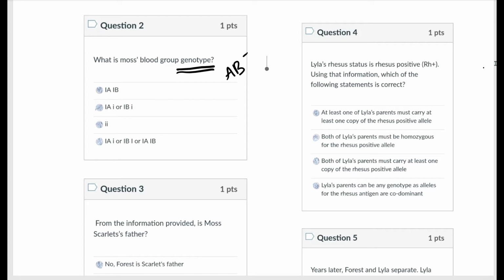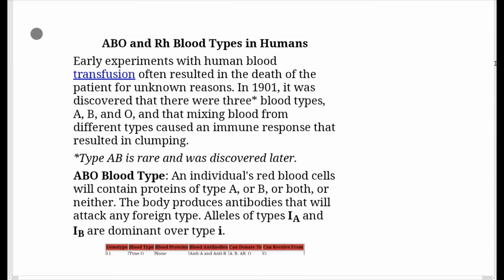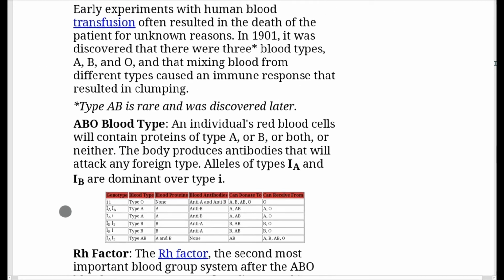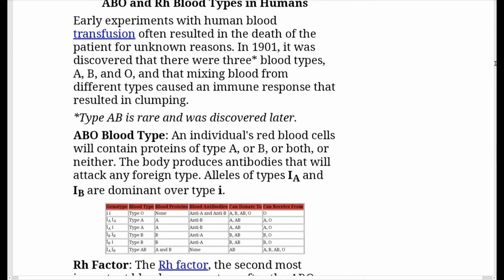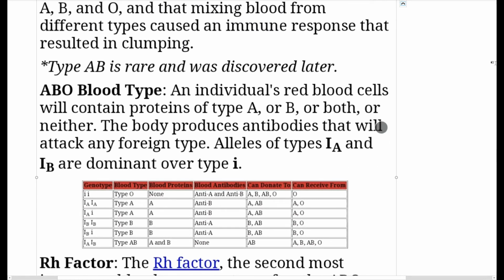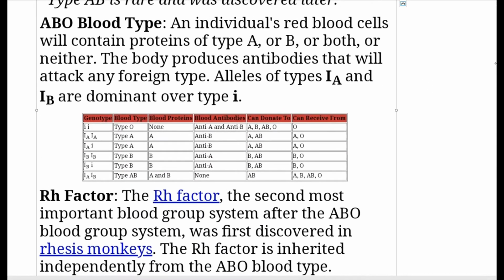So whenever we have to address blood group types, it's very good to have this in mind over here. So this table right here, it's something that we need to memorize, especially this part. This part is very important in genetics.